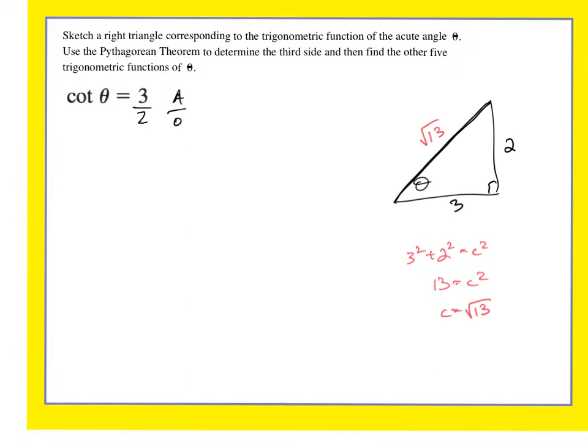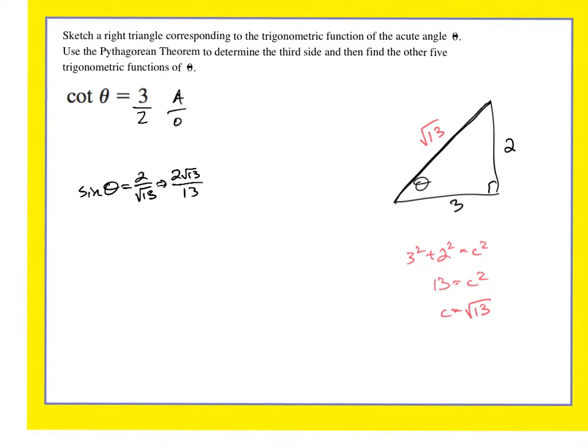So now I'm going to find my other trig functions. Sine of theta is opposite over hypotenuse. So what's my opposite? 2 over square root 13. Now what's wrong with that? It's not rationalized. So let's rationalize it. It would be 2 square root 13 over 13.